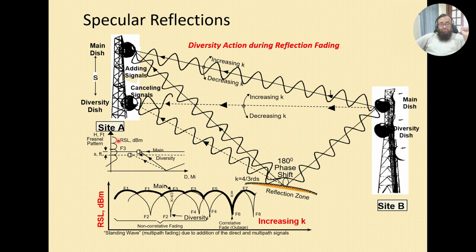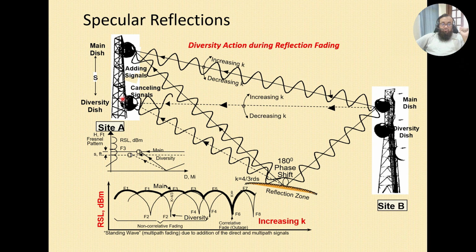Generally what we do is put the main on a peak and the diversity on a trough, so that when the main is getting the high value, the diversity is not getting the high value, so this one gets most of the signal and you don't have any issue.